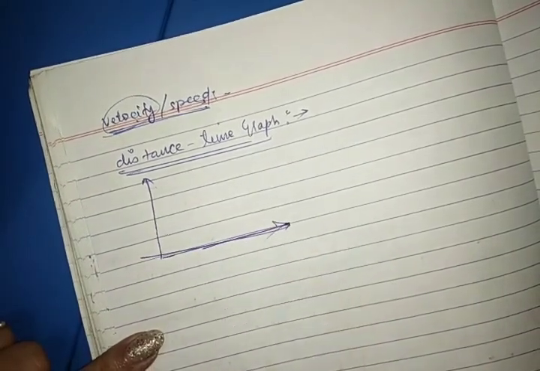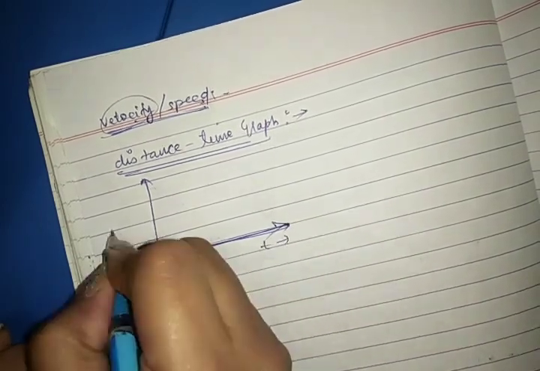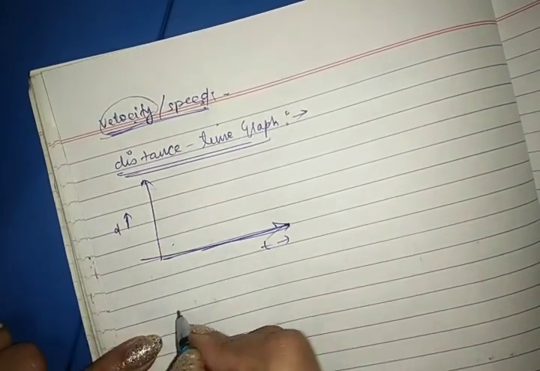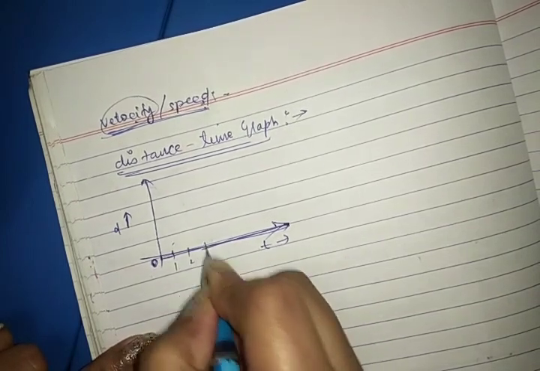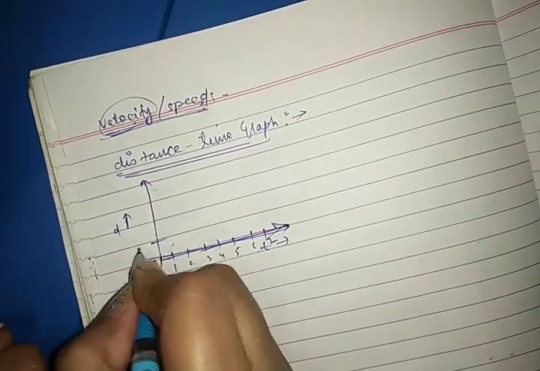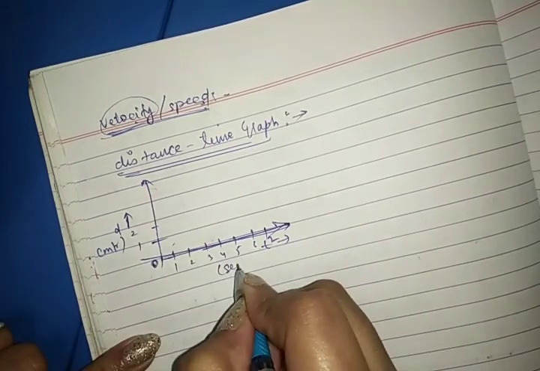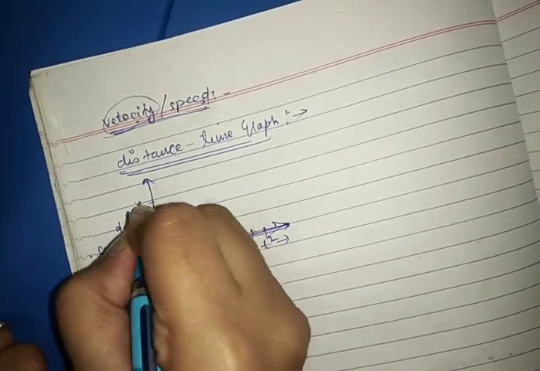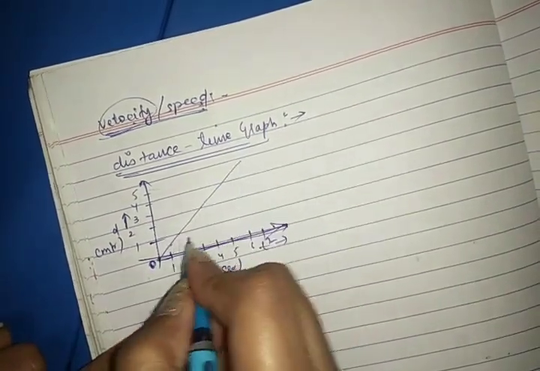So as we know, if the graph is like this, this is the time axis, this is the distance axis, this is 0, the origin, this is 1, 2, 3, 4, 5, 6 and 7 second. This is distance 1 meter, 2 meter, this is in meter, this is in second, this is 3 meter, this is 4 meter, this is 5 meter, and our graph is like this, right?